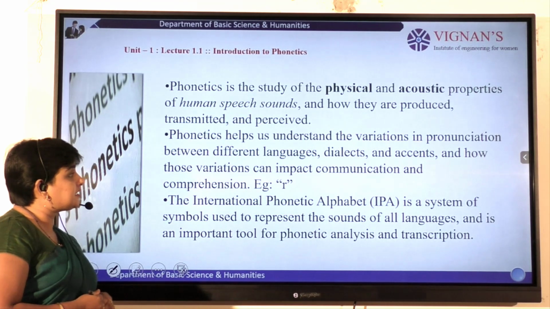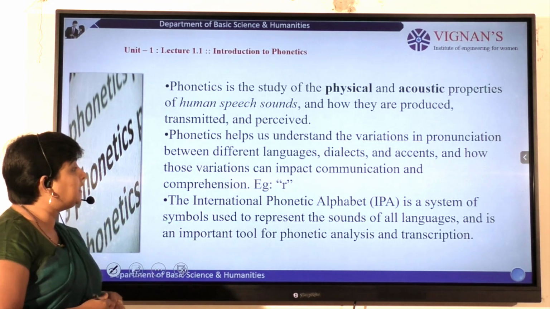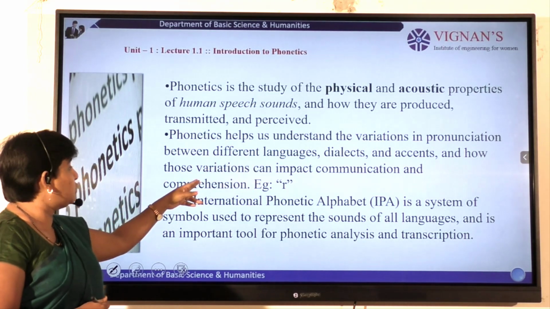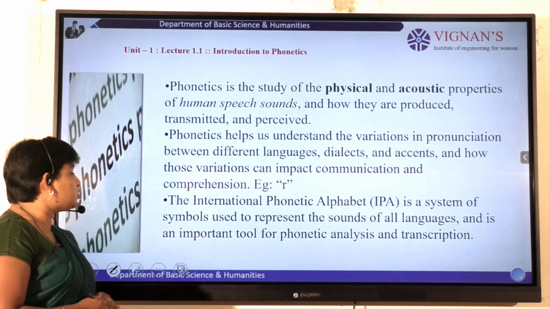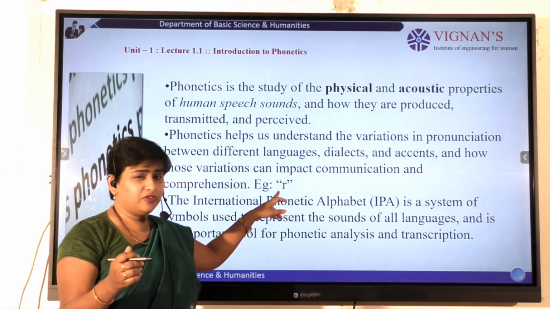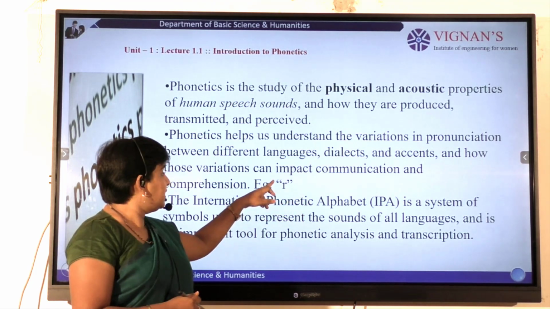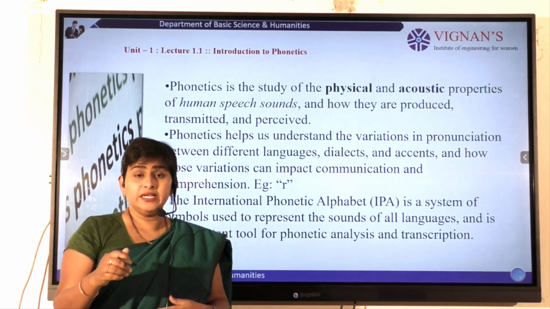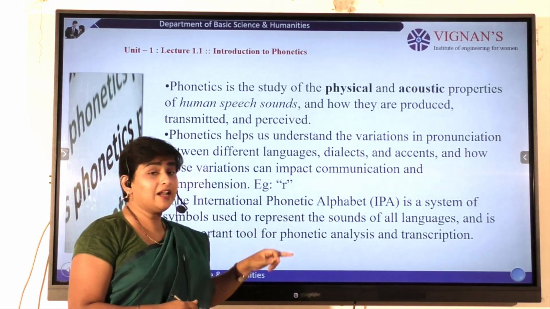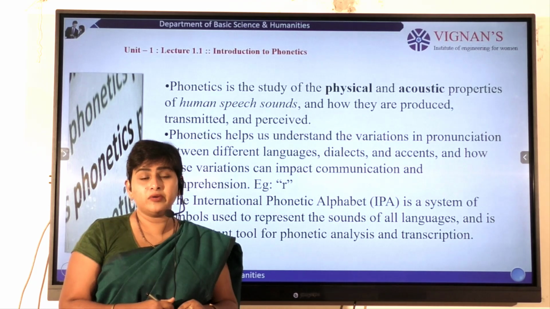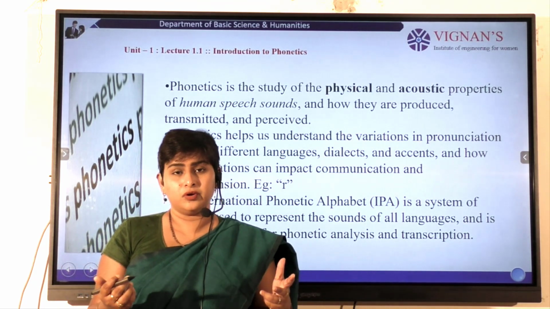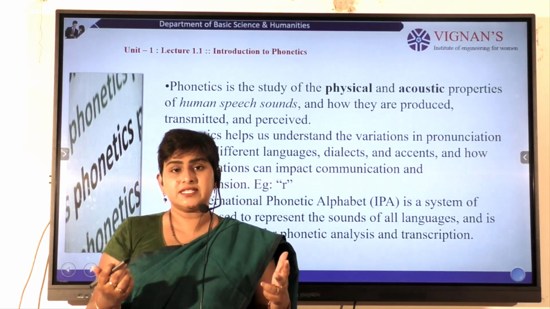Phonetics helps us understand the variation in pronunciation between different languages, dialects, and accents, and how those variations can impact communication and comprehension. For example, let us take the alphabet R. The alphabet R is not stressed in a British accent. However, the same alphabet R is stressed in an American accent. Let us take a very simple word like car, C-A-R.